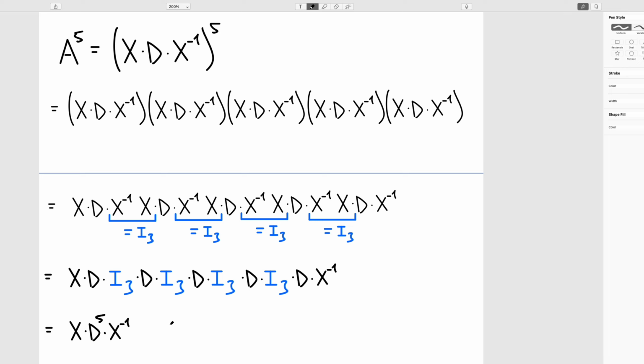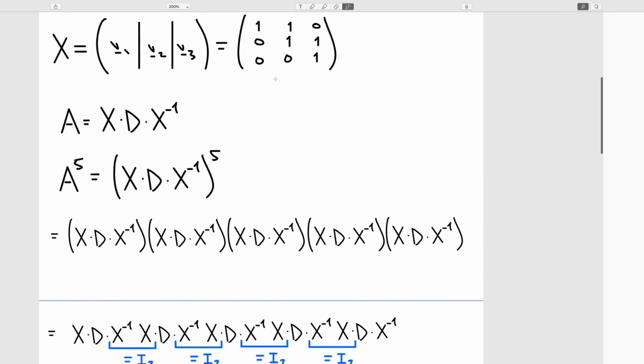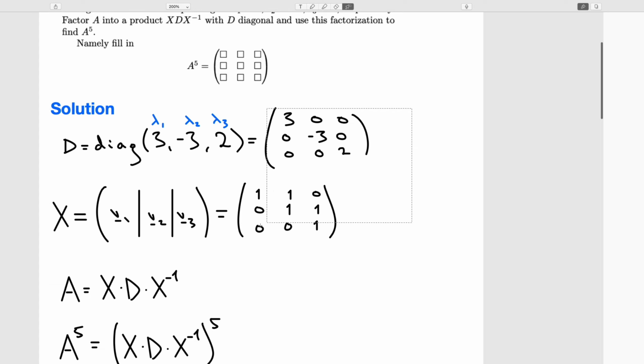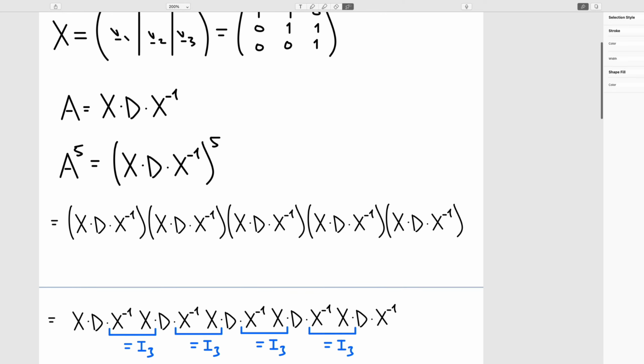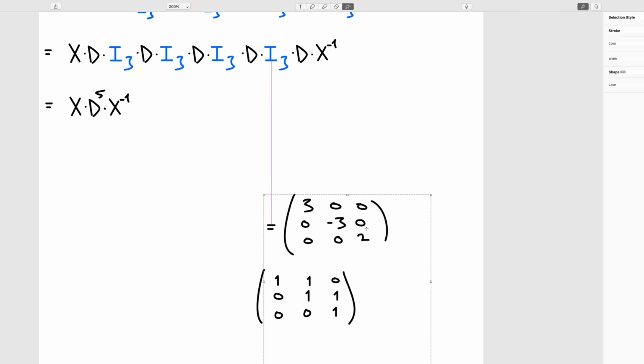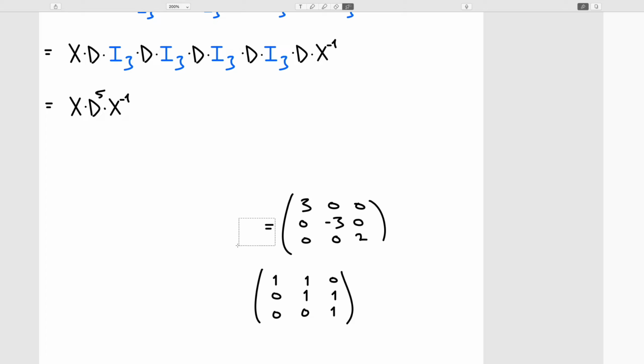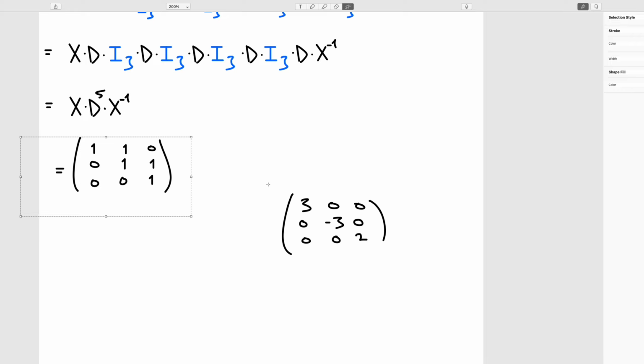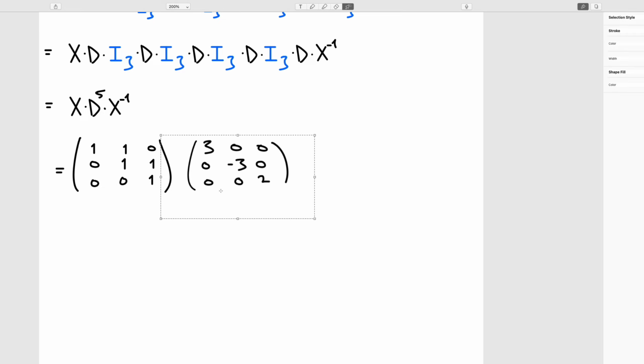Okay, so let's see what that means. Well, let's see what is X and D. So let's go back up here, and we have X and D over here. I'm just going to copy that. Let's bring this down here. Great. So we have that this is equal to X, right? This was X. Here's D over here. I could have written it with that diagonal notation.